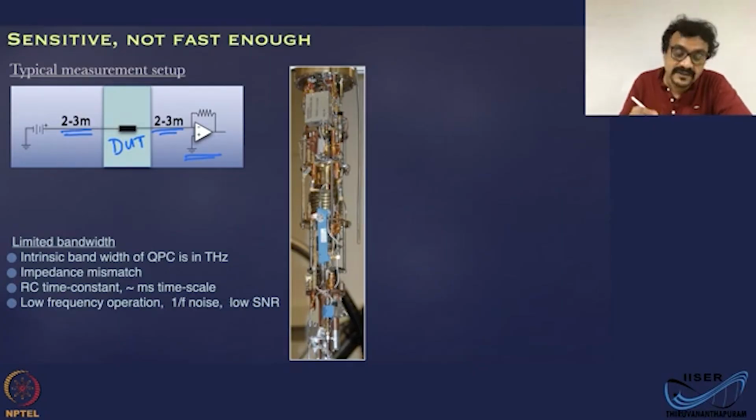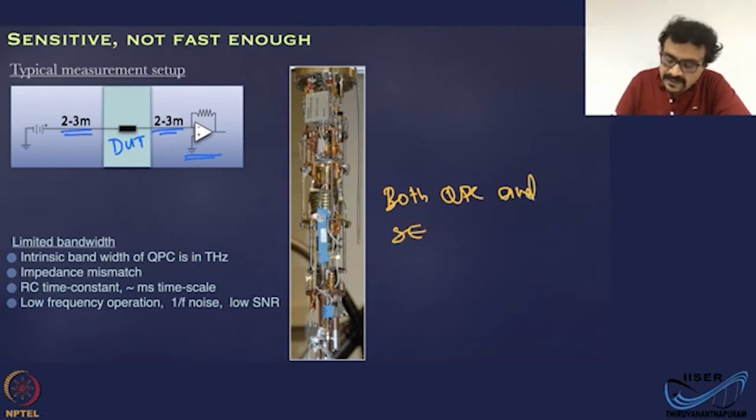And remember, whether it is a QPC or a single electron transistor, these are high impedance devices. So what I'm trying to say is, both QPC and SET are high impedance devices.